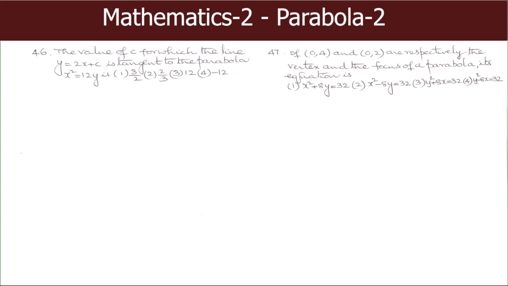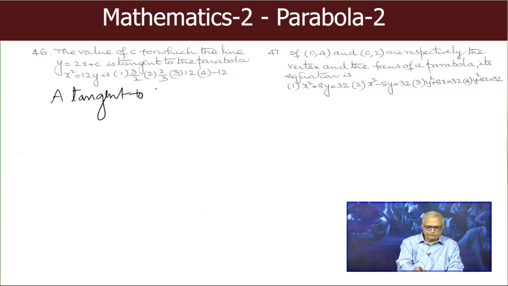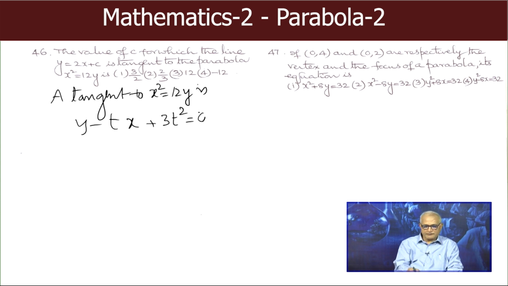Next, the value of c for which the line y equal to 2x plus c is the tangent to the parabola x square equal to 12y. So any tangent to the parabola is y minus tx, not x minus ty, the roles of x and y are interchanged, plus at square: x minus ty plus 3t square equal to 0, a is 3, or y equal to tx minus 3t square.